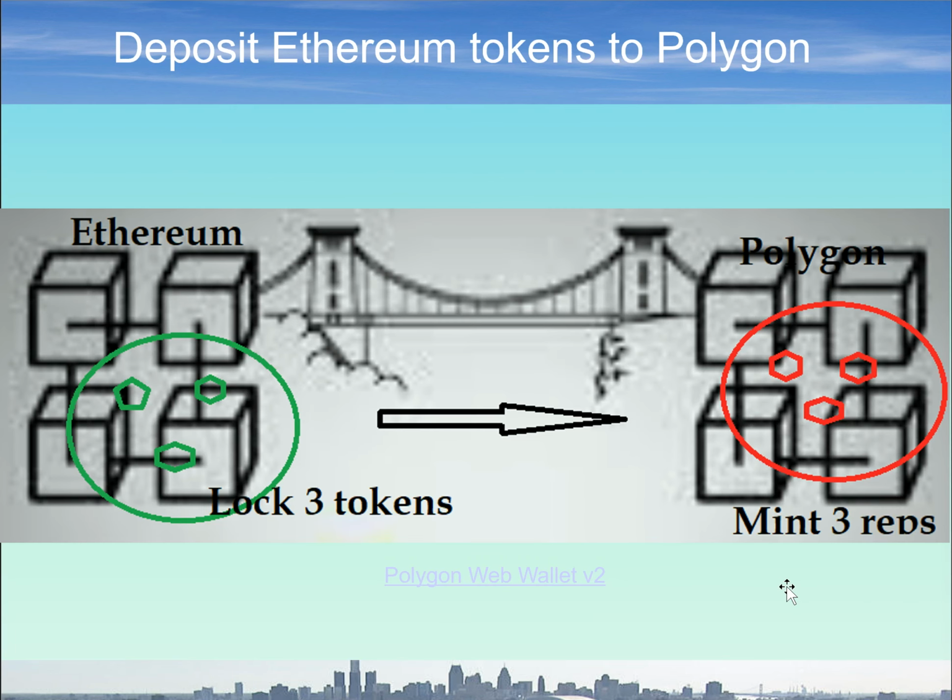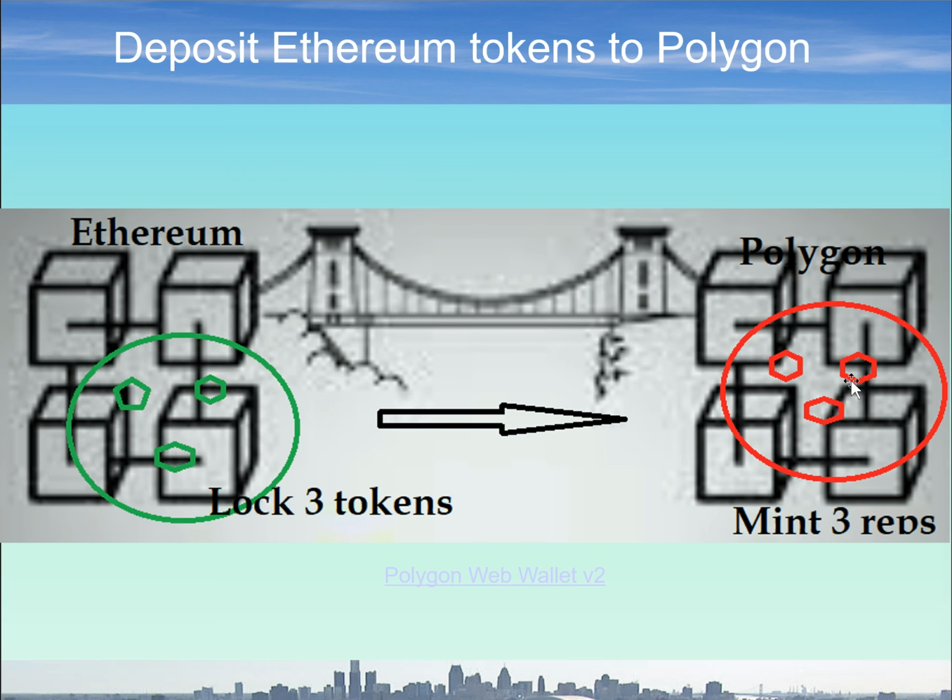So what you're going to do is use a bridge. By bridge, what we mean is basically two smart contracts, one on Ethereum and one on Polygon. Okay, they talk to each other. So the smart contract on Ethereum is going to lock three tokens. So the three tokens are locked over here. Okay, and then the other smart contract is going to mint.